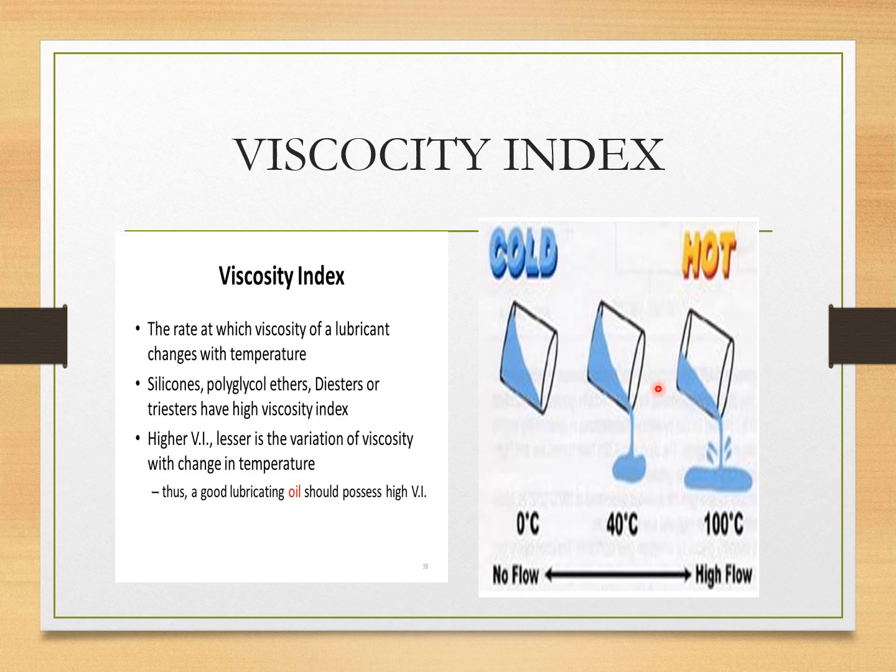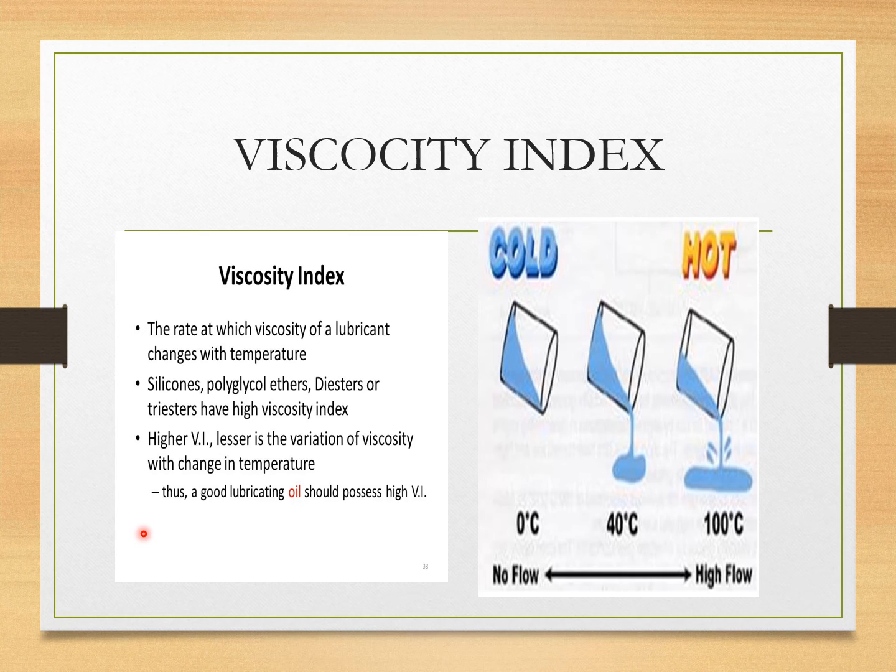A good lubricant should not change its viscosity with temperature. You can observe here, at 0 degrees, at 40 degrees it is easily flowing, at 100 degrees very high flow is observed. But this is not acceptable for a good lubricant. The higher the viscosity index, the lesser the variation in viscosity with a change in temperature. Therefore, a good lubricating oil should have a high viscosity index.